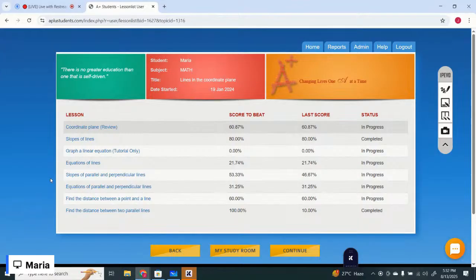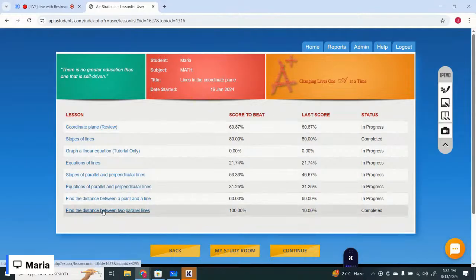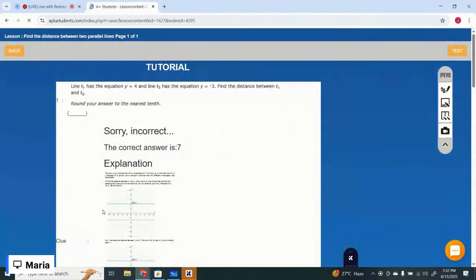The next lesson is find the distance between two parallel lines. Line L1 has the equation y equals 4 and line L2 has the equation y equals -3. Find the distance between L1 and L2.